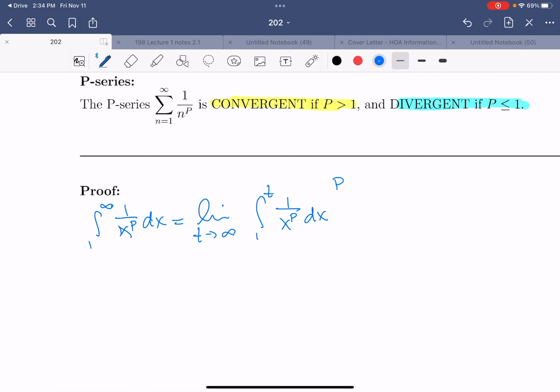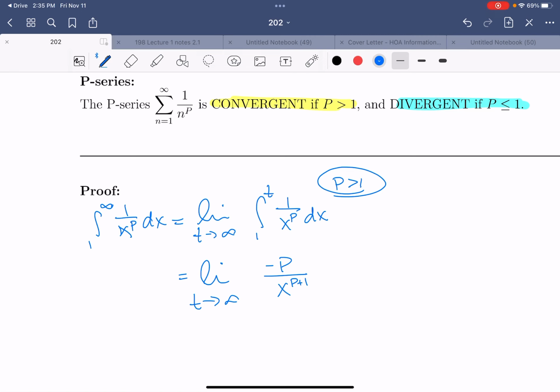So if we let p be greater than 1, then when you take the antiderivative, it's not a special case. It stays in the bottom as something negative. So this is x to the negative p plus 1 over negative p plus 1, right?